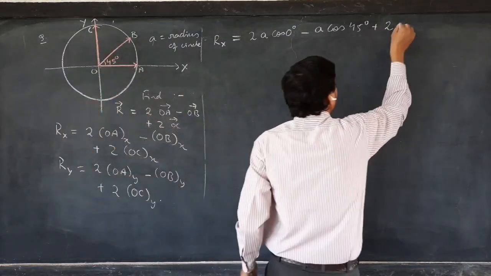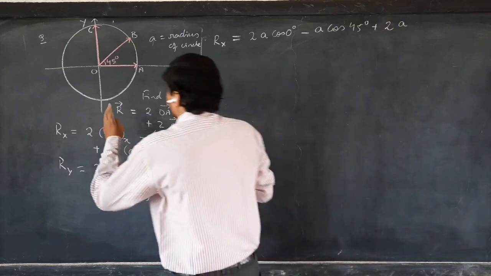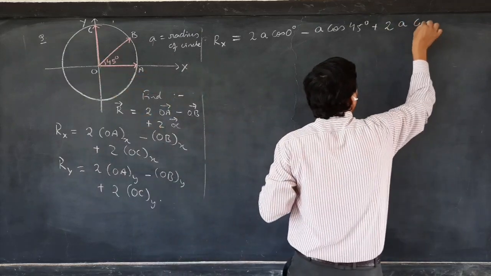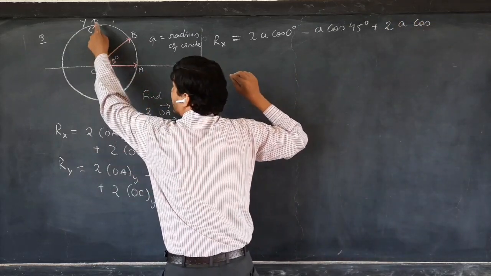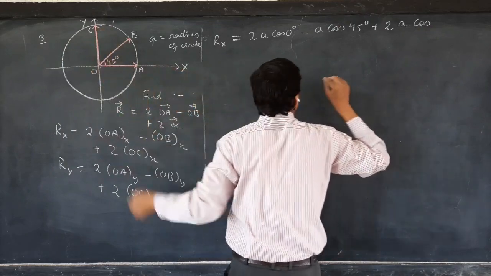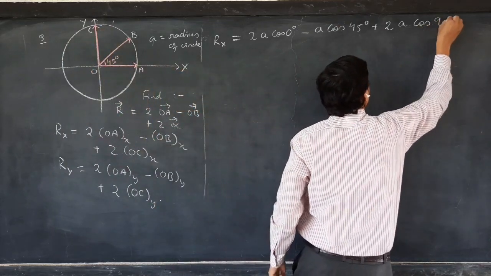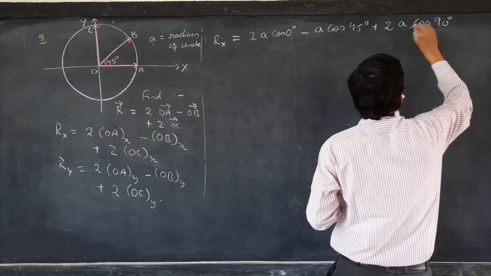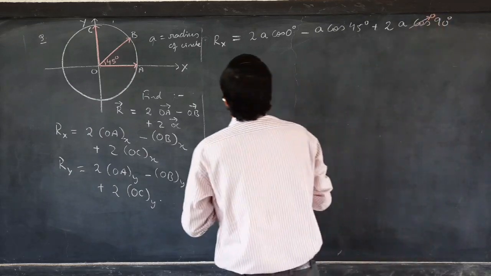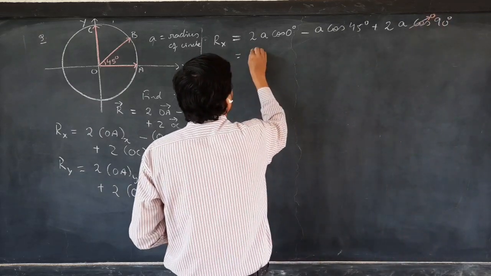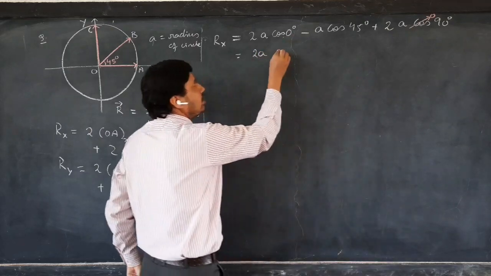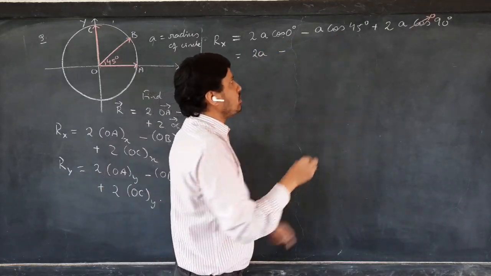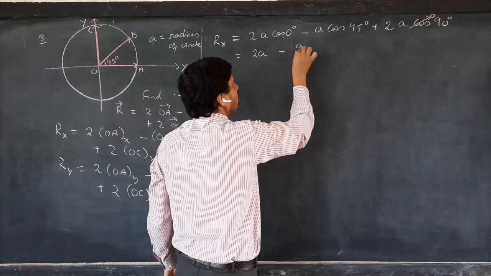Now OC vector magnitude is also a. Its x component will be cos of the angle which OC vector makes with the x-axis, that is 90 degrees. So straight away cos 90 becomes 0. So this becomes 2a, cos 0 is 1, minus cos 45 is 1 by root 2, so a upon root 2.